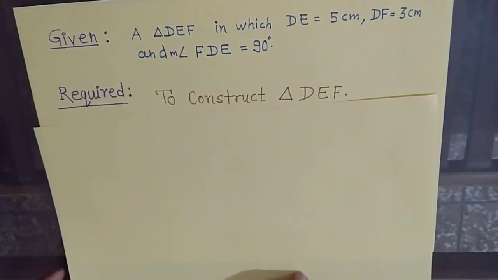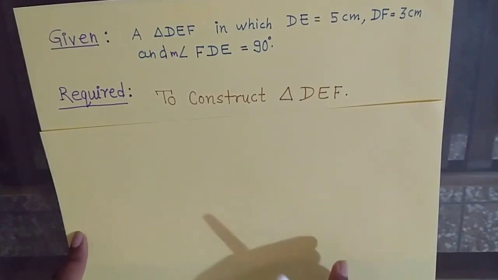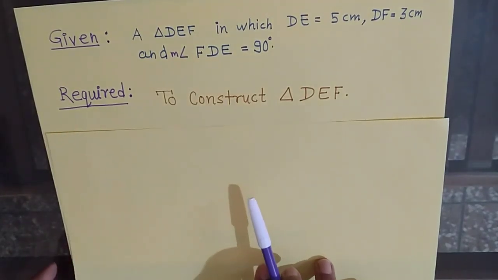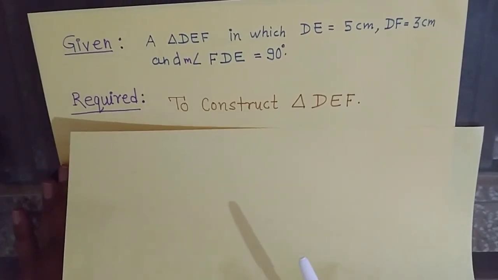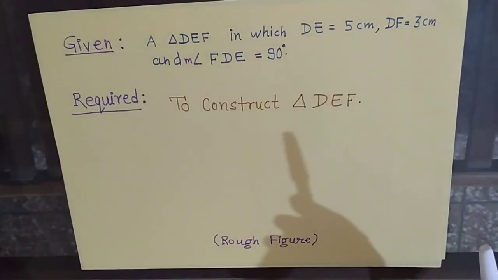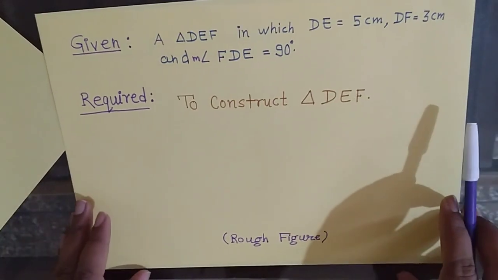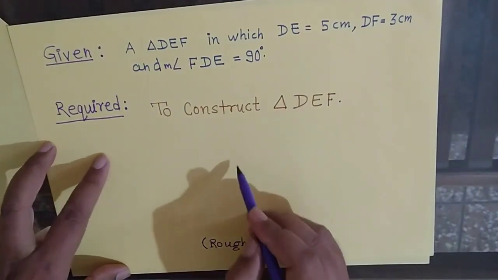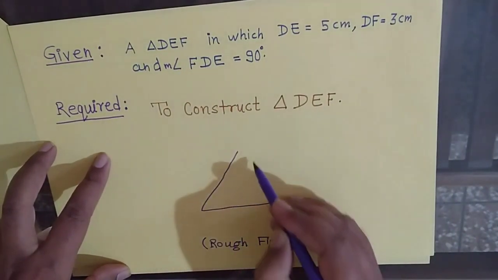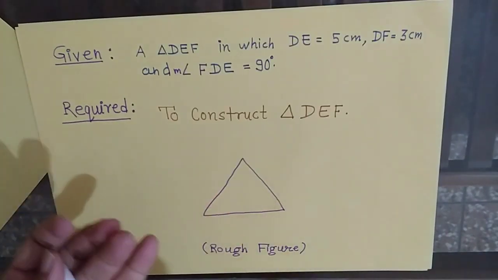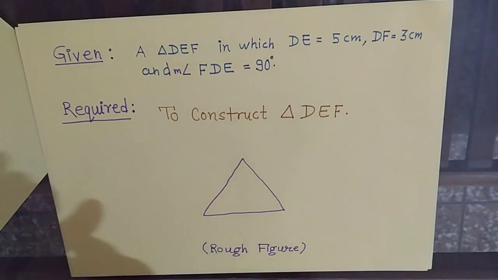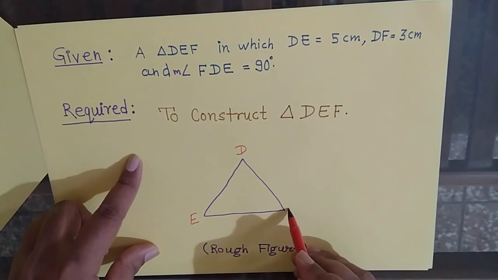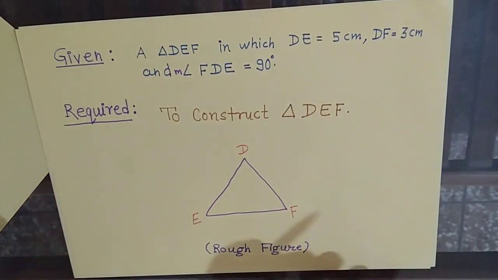Now the next heading is Required. Here we are required to construct triangle DEF. Before starting the construction, we should draw a rough figure of the triangle DEF. Now the rough figure of the triangle DEF is like this.